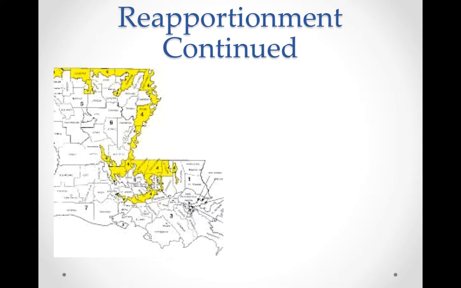And so when we start looking at how the state is supposed to do this, this is a map of the state of Louisiana. And what I'm showing you here is the 4th district in yellow. It is very odd shaped, and the members of the Louisiana State Legislature did this on purpose. And we are going to spend some time, a day, if not more, looking at this process of reapportioning.